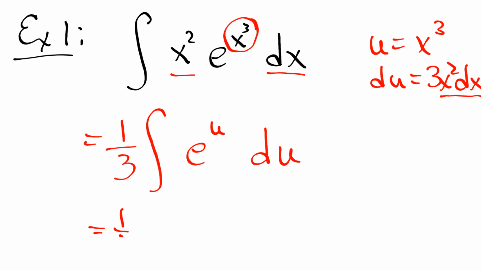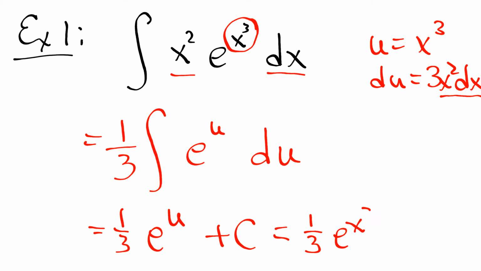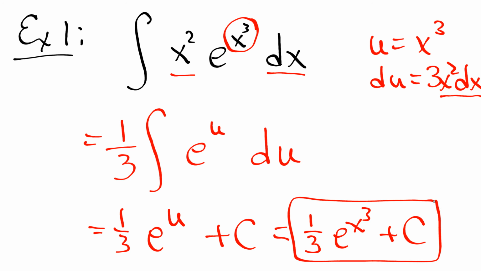Well, the integral of e to the u is e to the u plus some constant. And we weren't given the question in terms of u, so we don't answer the question in terms of u. We answer the question in terms of x. This is by far the most common way to do this.